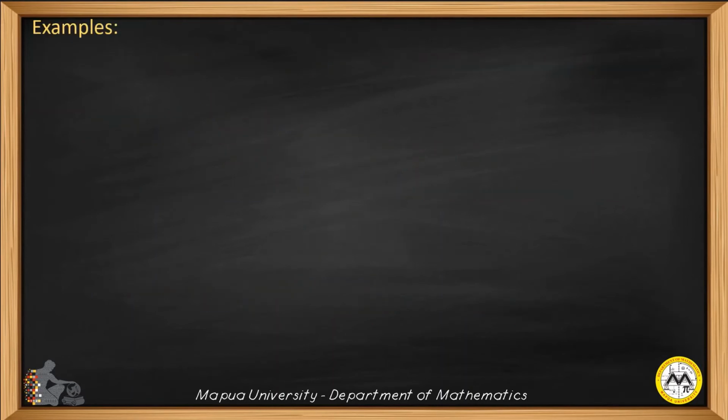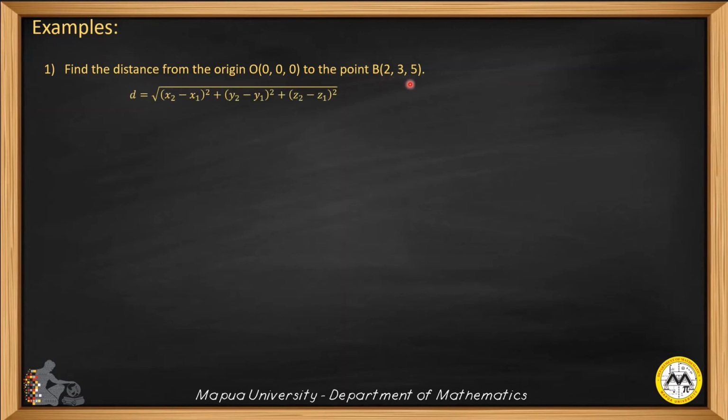For some examples, let us determine the distance from the origin (0, 0, 0) to the point B with coordinates (2, 3, 5). Using the distance formula as given earlier, we can pick any one of these points as our P1 with coordinates x1, y1, z1, and the other would be our P2 with coordinates x2, y2, and z2.